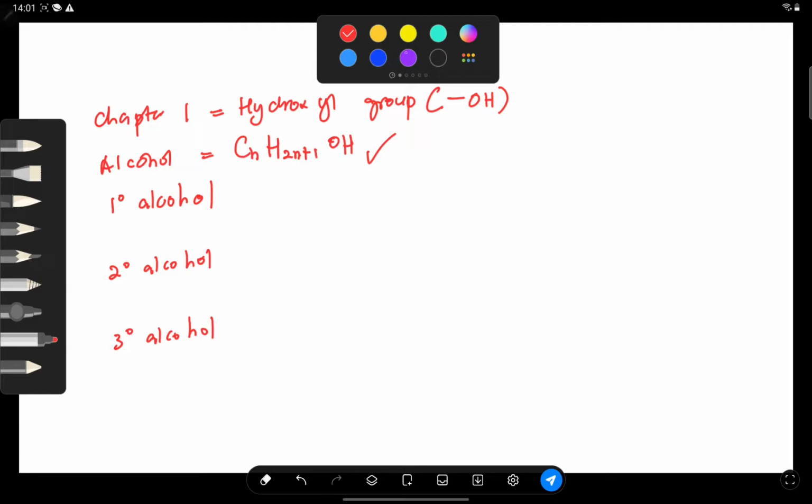For example here, you have CH3, CH2, CH2, CH2, OH. This carbon is considered a primary carbon. Why? Because this carbon is attached to only one carbon. So when this primary carbon is attached to the OH group, it will become a primary alcohol.